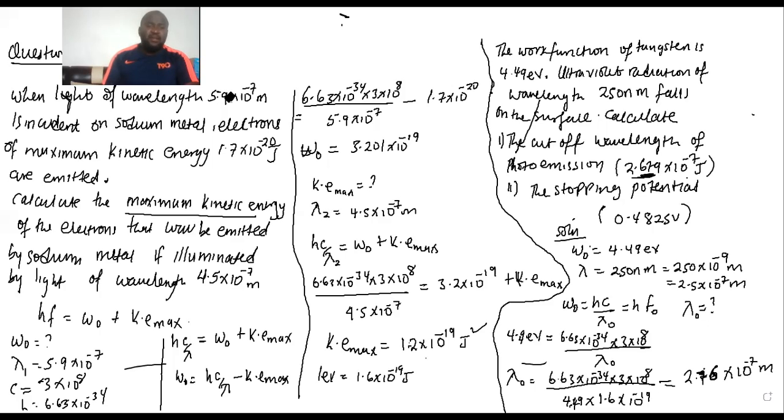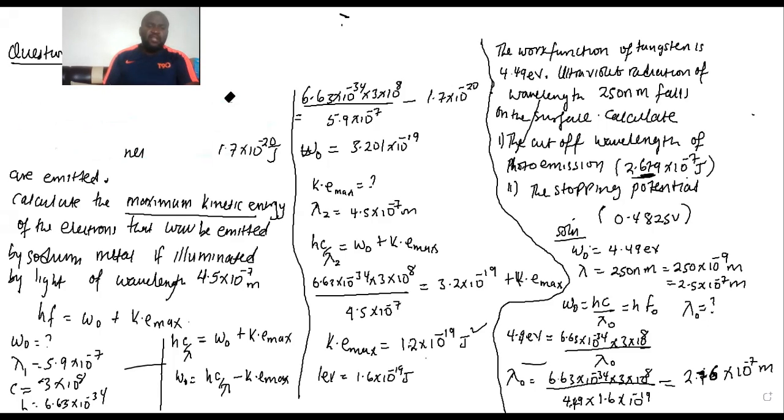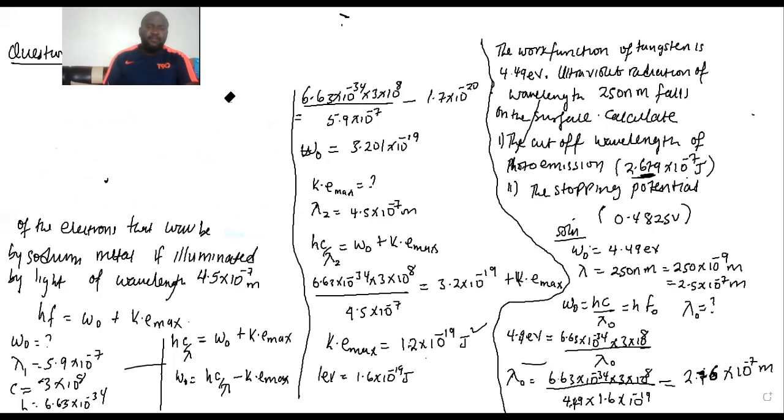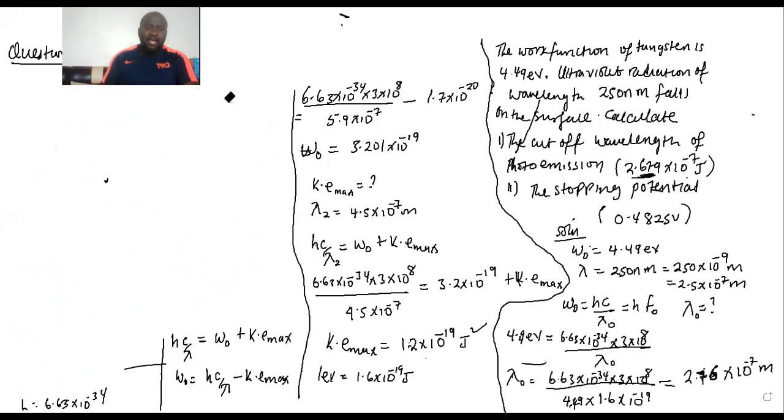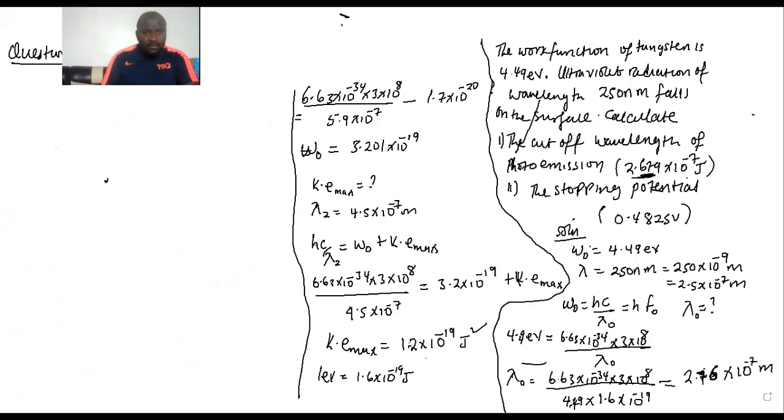So we can have that energy equivalent to the maximum kinetic energy, which is the energy expended by an electron moving through a given potential, which is the stopping potential.